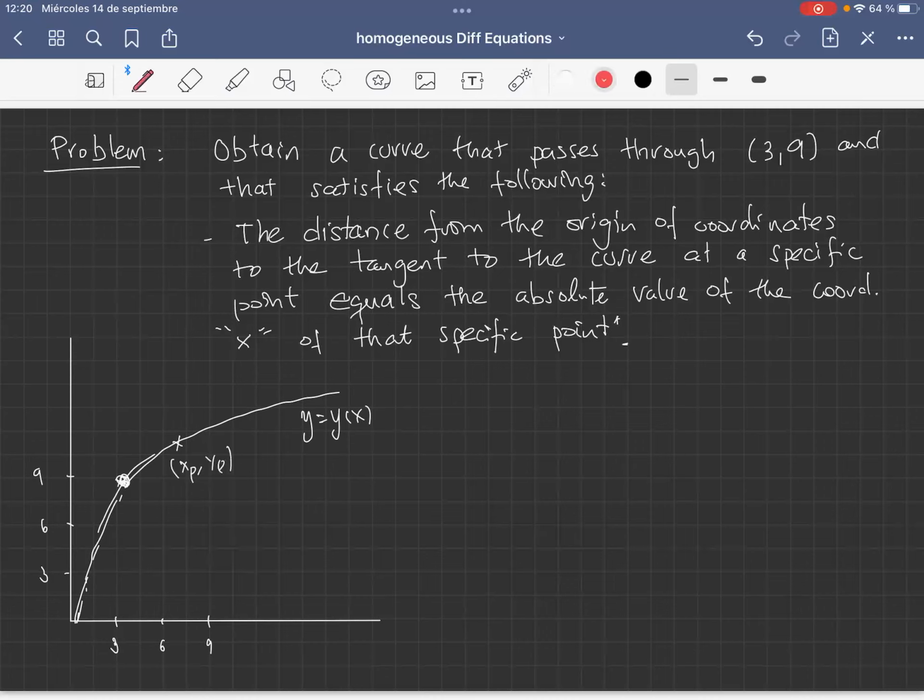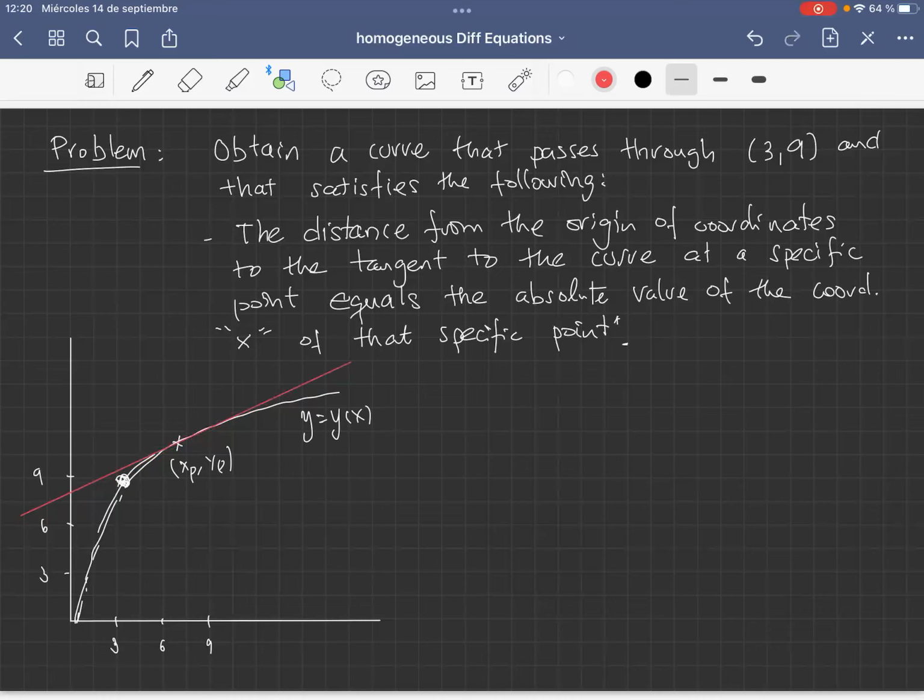If I put the tangent line to that point, it's a little bit bad. It should pass by the point. Let me see if I can paint it a little better.